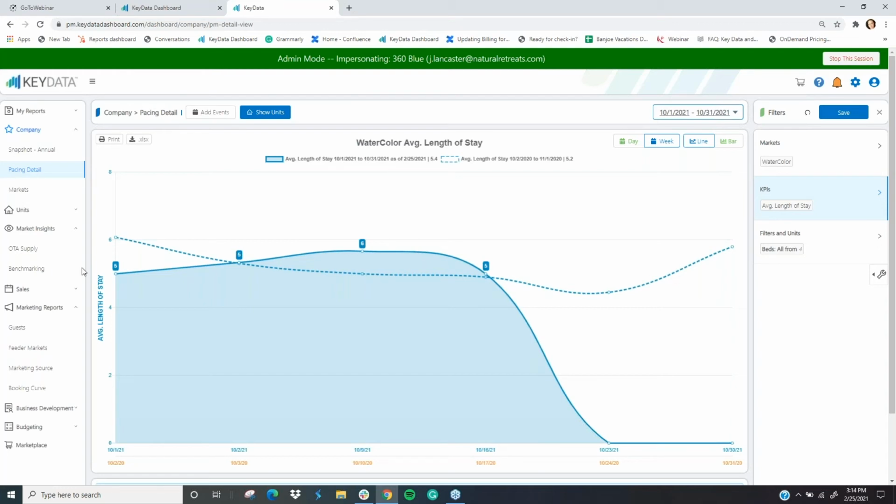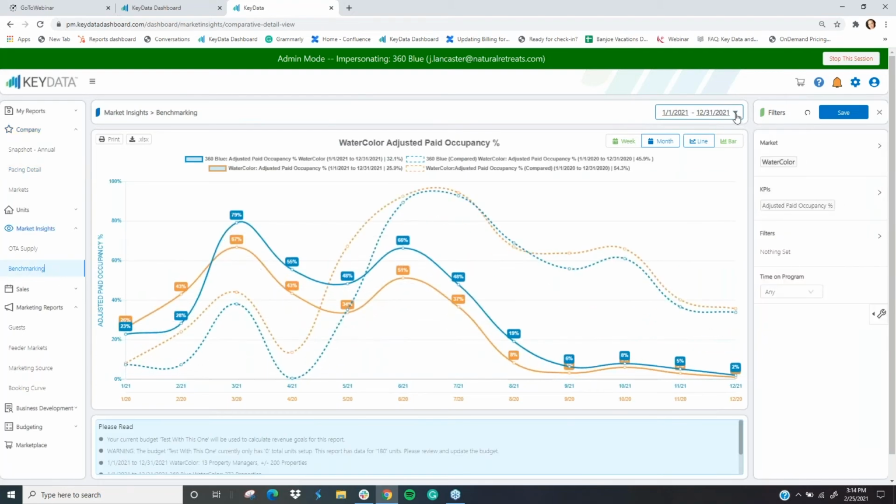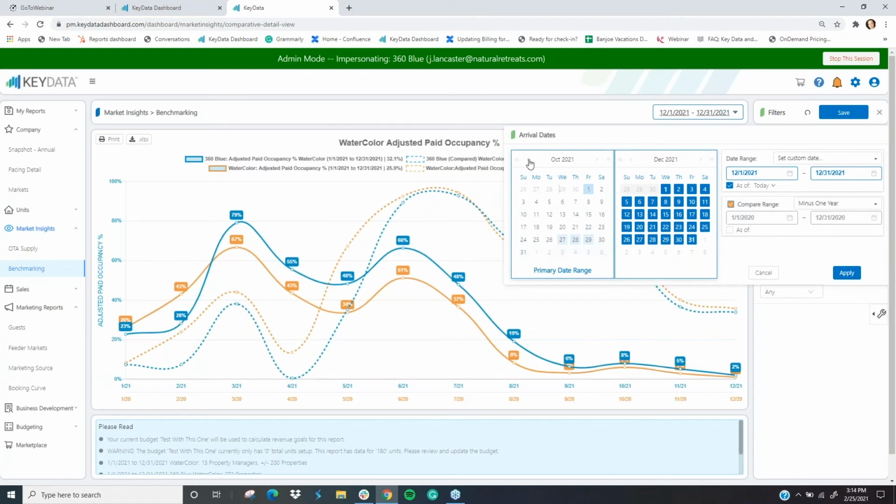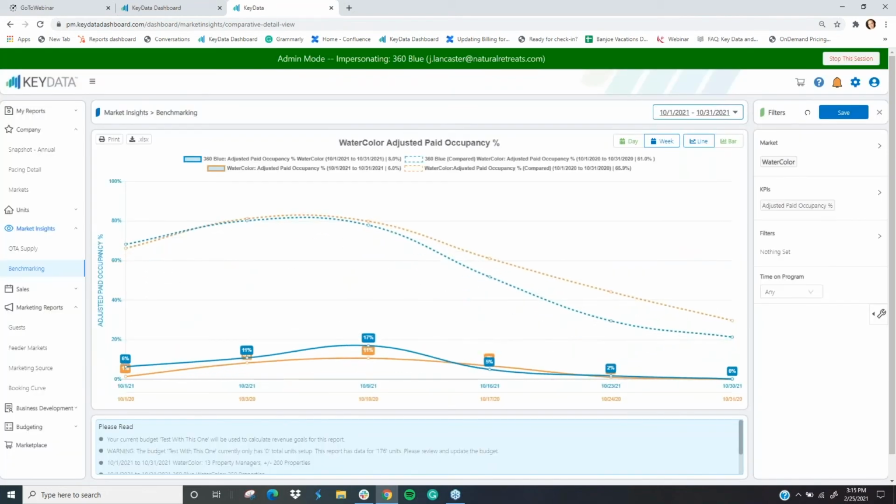So I'm going to go into the benchmarking data and use the same dates that I used in the pacing detail. And while Gabby pulls those dates, it's also important to note what she was pulling on pacing detail when looking at length of stay. I mean, Gabby, do you think it's equally as important to drill down to market and inventory type when looking at length of stay? Definitely.